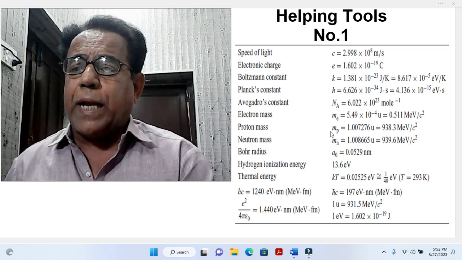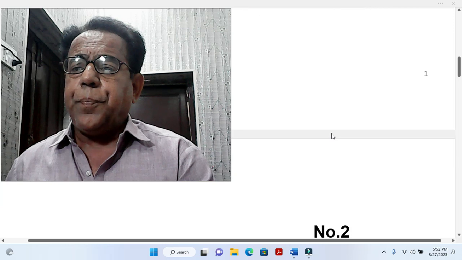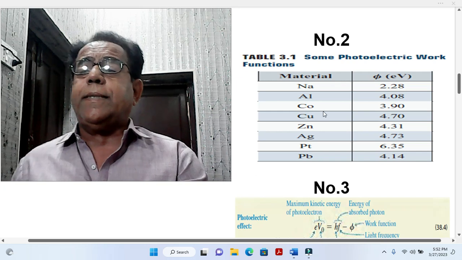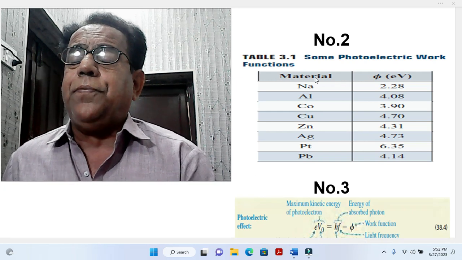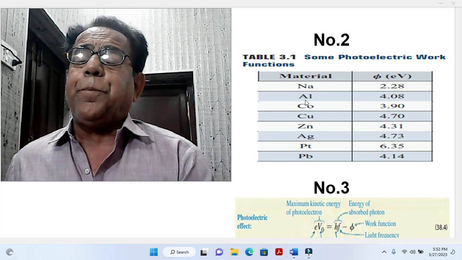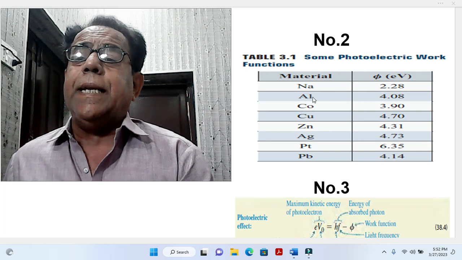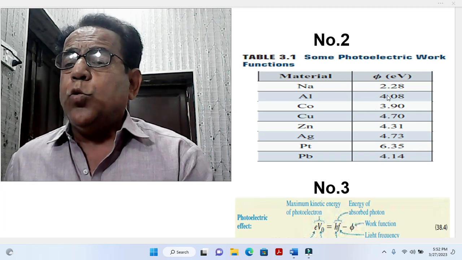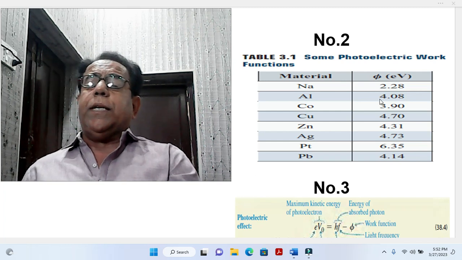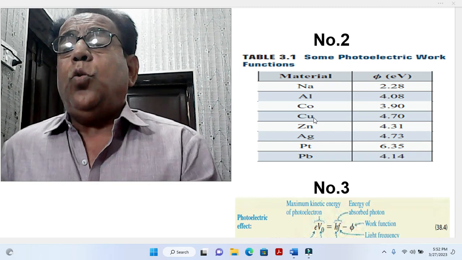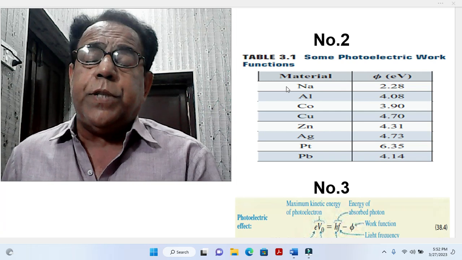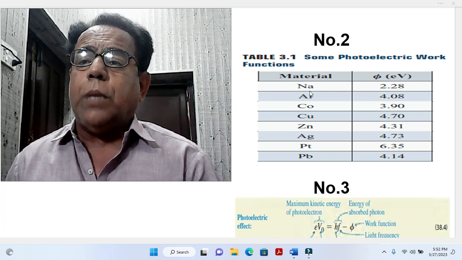Now we move to the next tool. In this tool, dear students, we can see that photoelectric work functions of various materials or elements are given, in which top of the list is sodium, Na. Its work function, denoted by phi, is 2.28 electron volt. So the two answers we are required to calculate are given in these two tables.